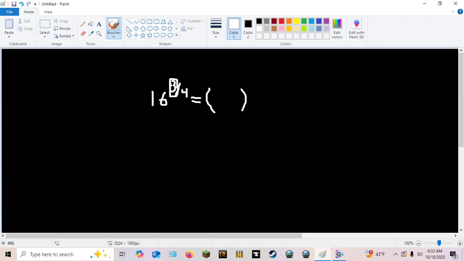This numerator over here, 3, becomes the exponent outside of the parenthesis. But we're gonna take the 4th root of 16, so we're gonna write it as 16 raised to the 1/4, okay? Since 1/4 times 3 equals 3/4, okay?